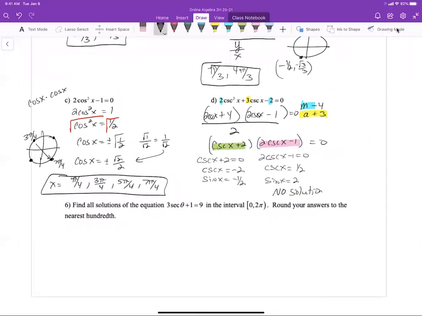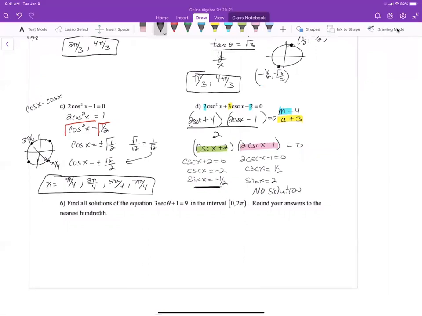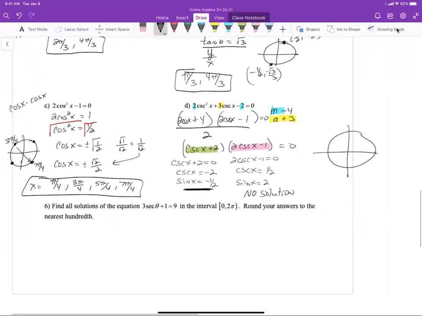So now I need to focus on at what angles do I get a sine value of -1/2? That is what I'm looking for. Sine is my y. Where do I have negative y? That is going to be in my 3rd and 4th quadrant. That side is my short side.